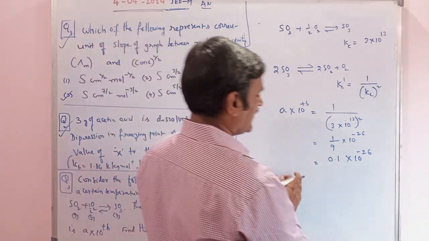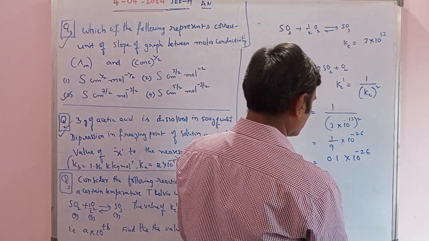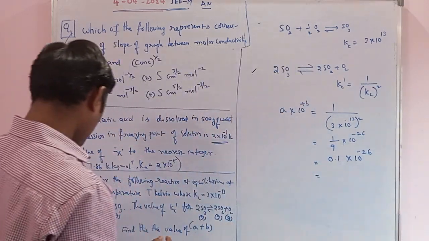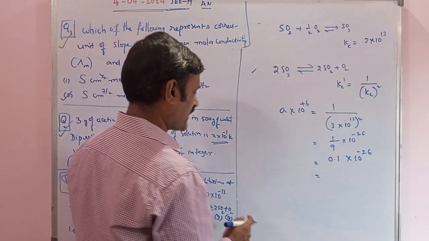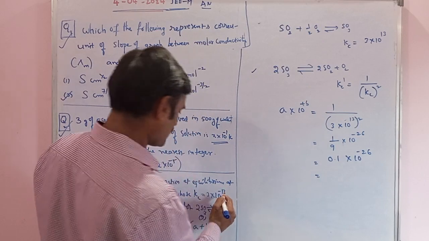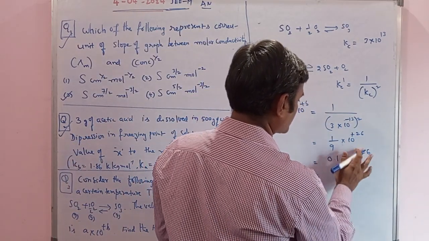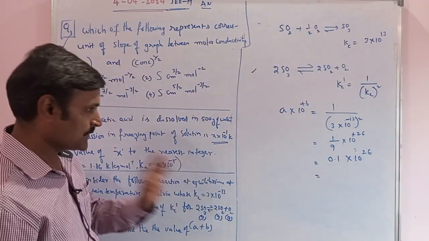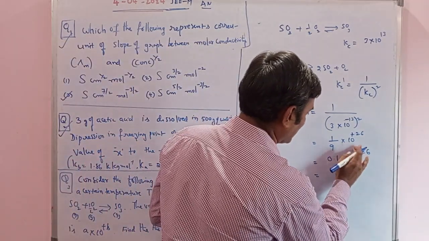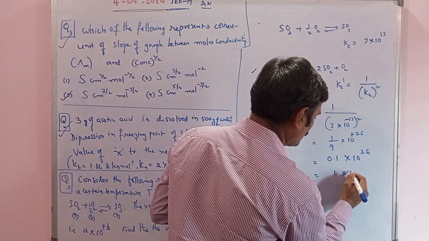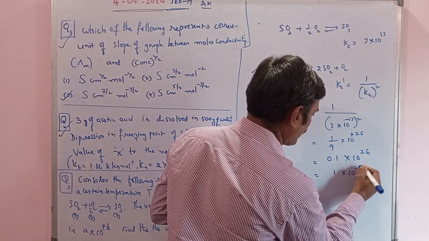Still, if you want to make this further simplified, this 10 power minus 3 given, right? 10 power minus 3 has become plus 26, take this 10 power minus 3. Now this value is 1 into 10 power 25 will come.